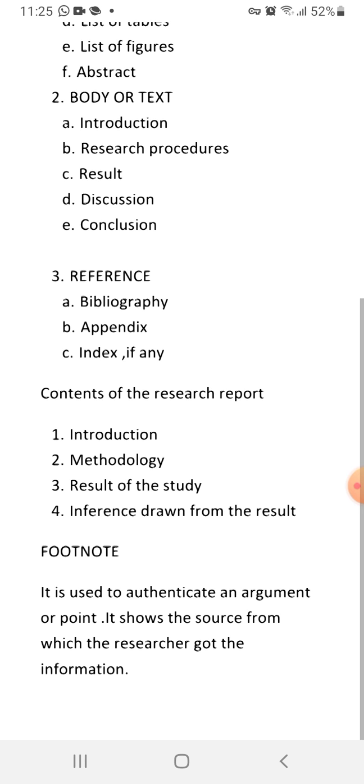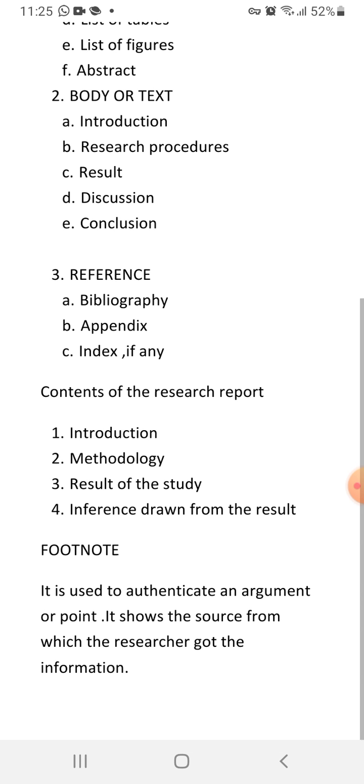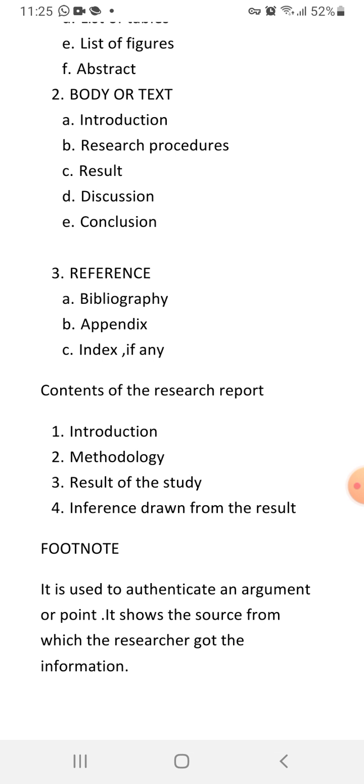Then the result of the study, the final result of the study, that means maybe in percentages or graphs or some mean or average percentage or fractions or some other mode of descriptive statistics, standard deviation, kurtosis, etc. Then inference drawn from the result. Finally, after obtaining the result, you write its interpretation.